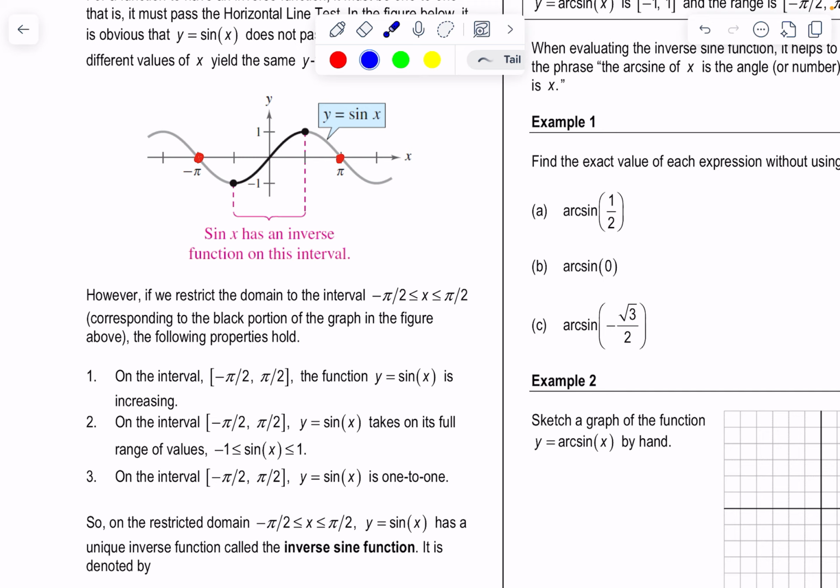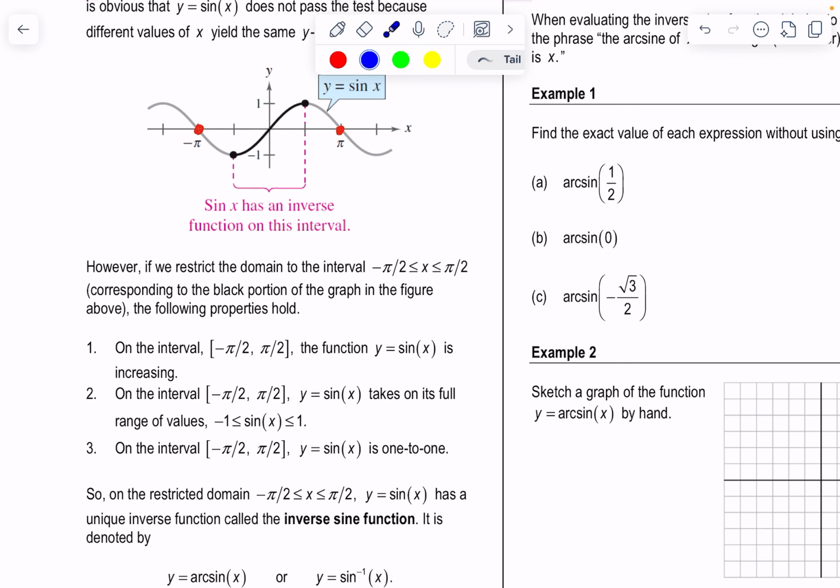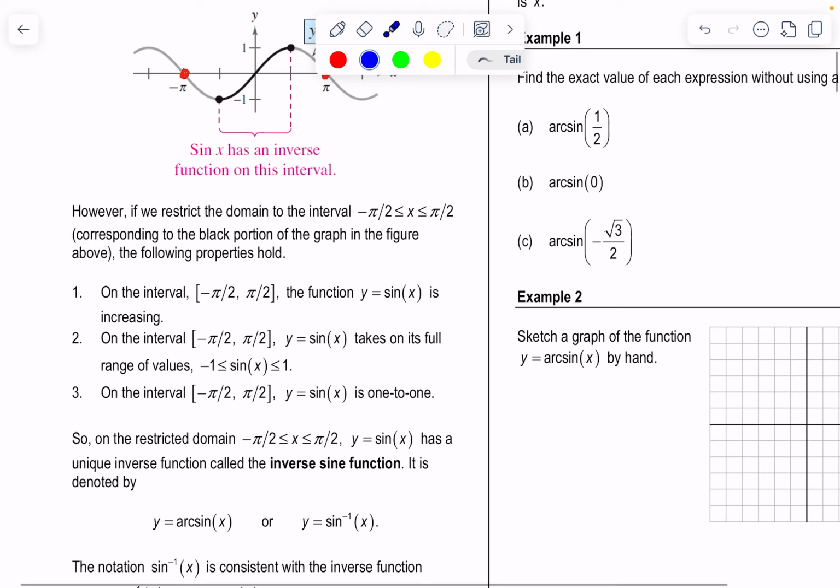It's one-to-one. So on the restricted domain, when x is from negative pi over 2 to pi over 2, the sine function has a unique inverse function called the inverse sine function.